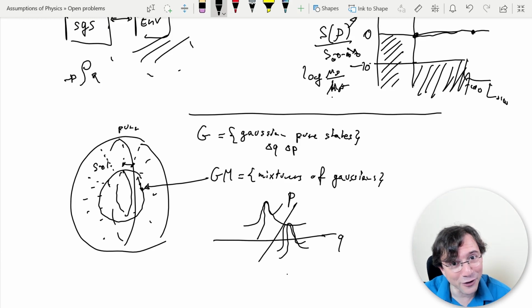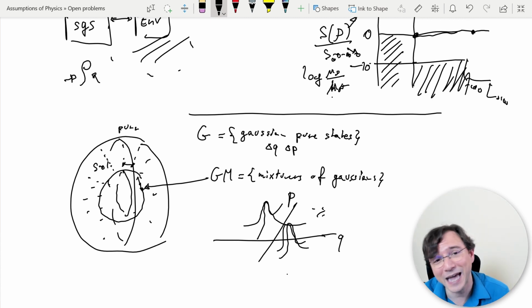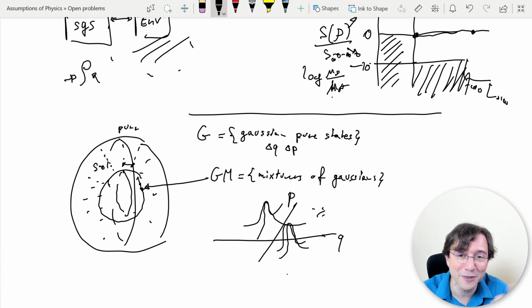That kind of sounds true, except that, of course, you could still have these negative elements in your phase space distribution. You could have negative probabilities, but these negative probabilities are only on cells that are smaller than h bar, so maybe they don't matter that much. I don't know. And again, there might be techniques that might help with doing this.